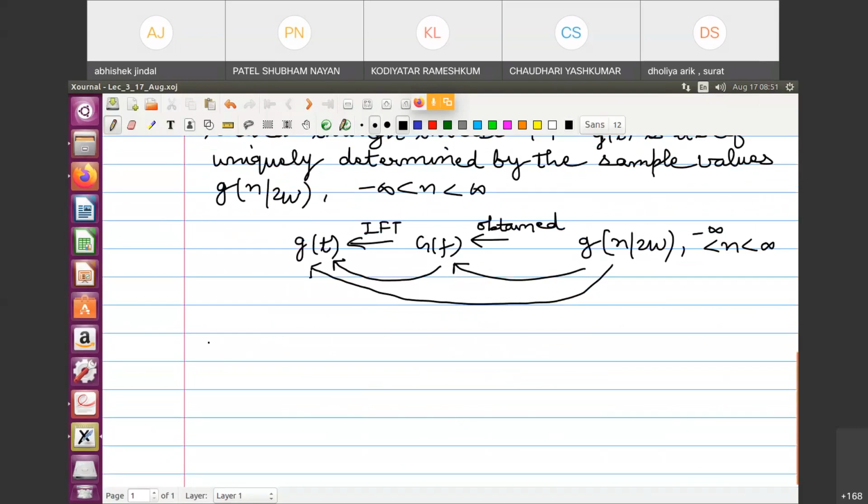So this we can write like this also: the sequence g(n/2W) has all the information contained in g(t).